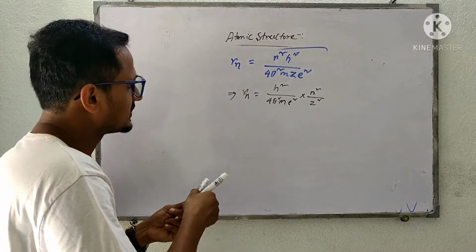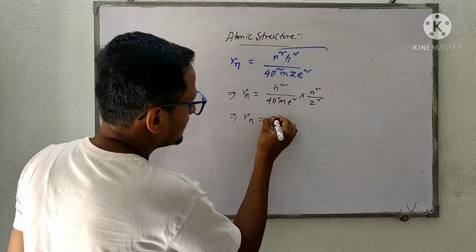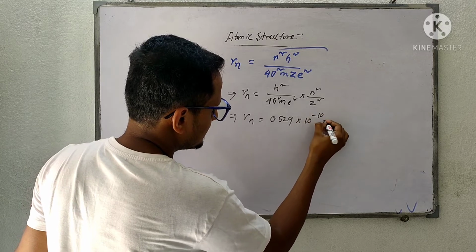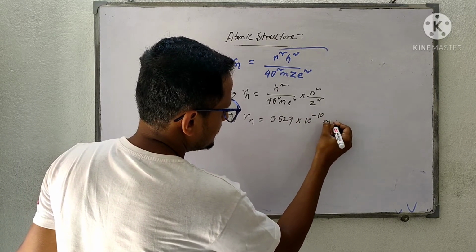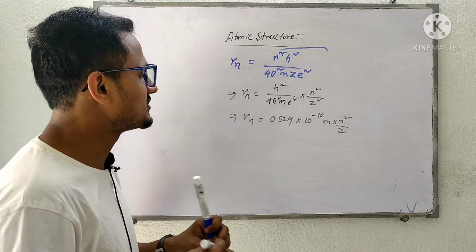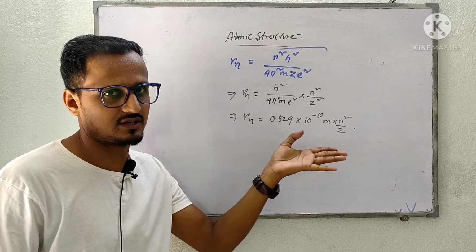Now here Rn equal, if you put the value, 0.529 into 10 to the power minus 10 meter into n square by z. In SI unit you will get 0.529 if you put the value.